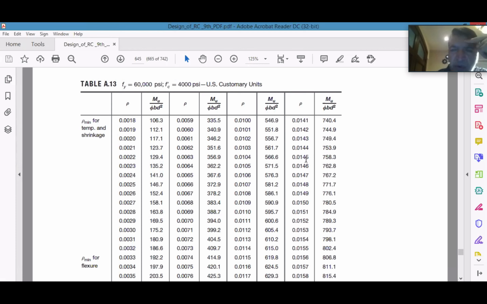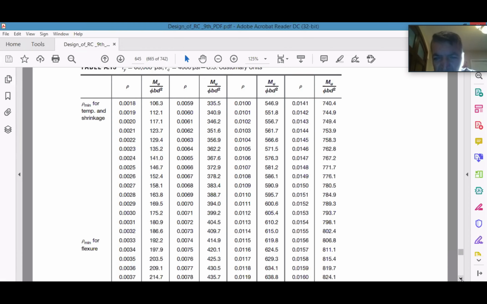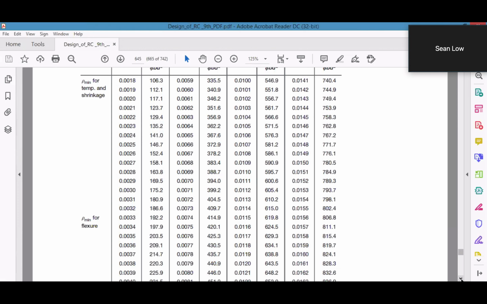Can somebody tell me what our rho is? 0.012.